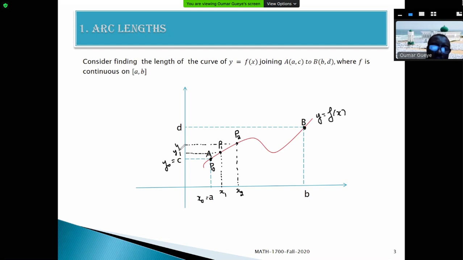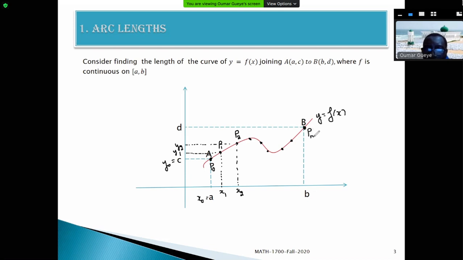I'm going to repeat this process until the last endpoint, adding all these points. As I told you at the beginning, I'm going to split it into small portions, and I'm going to add all the lengths of these small portions. The last endpoint, which is equal to capital B, I'm going to call Pn.